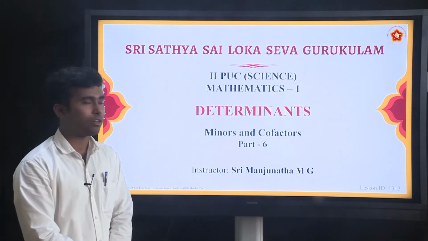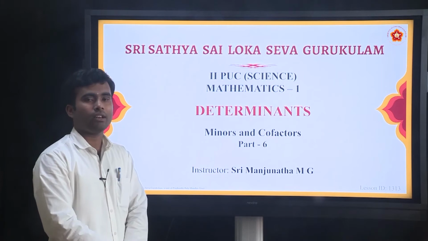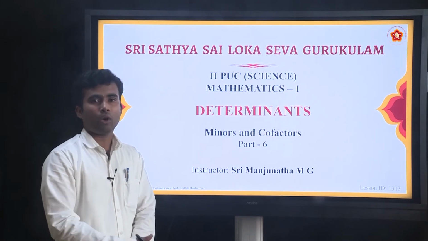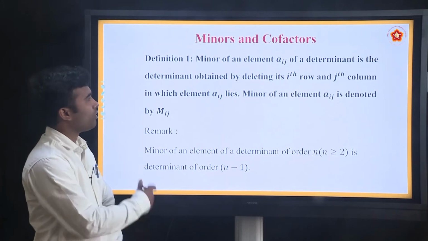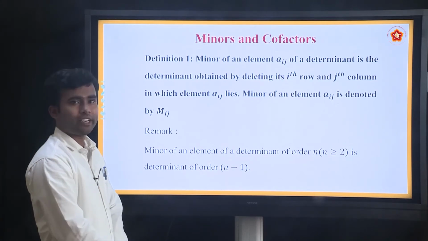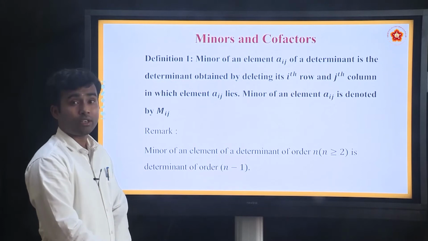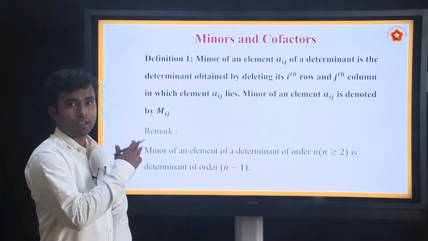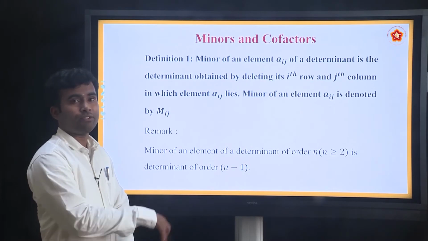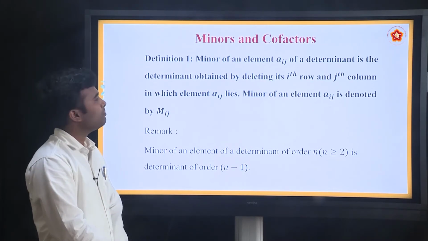We will see the definition of minor and cofactor, and we will learn how to find minors as well as cofactors. See, minor, suppose if you wanted to find minor of a particular element in the determinant, we have to delete a particular row and a particular column in which that element lies. Okay.